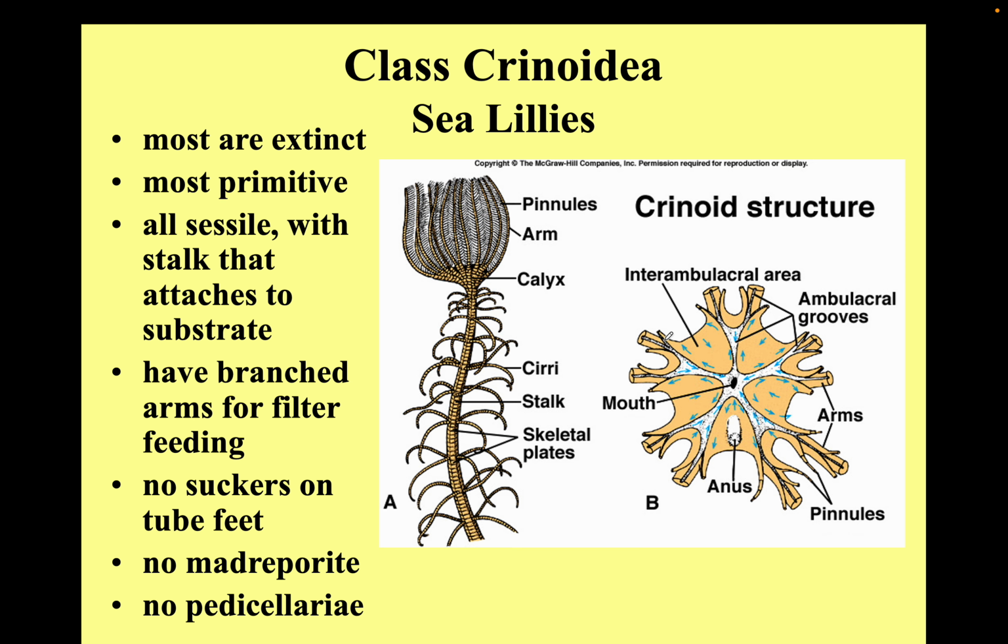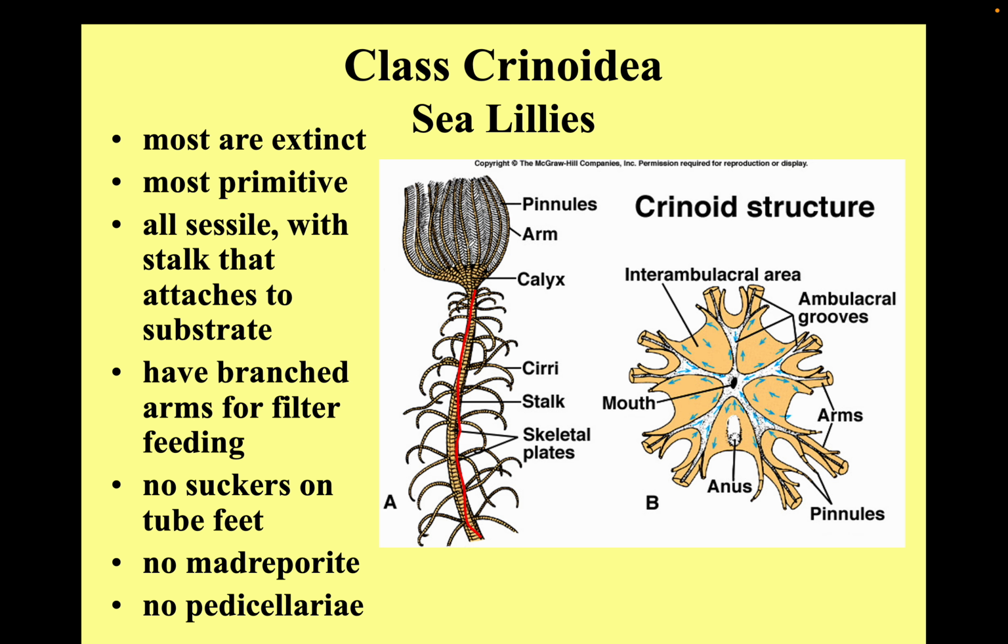All of them are sessile. They have a characteristic stalk that allows the animal to attach to its substratum. This stalk serves like a stem-like structure that grounds the animal on the solid substratum. They have branched arms for filter feeding.